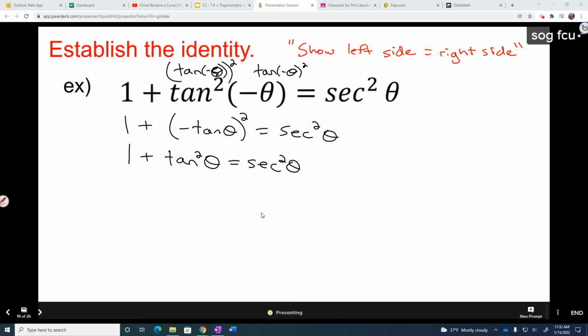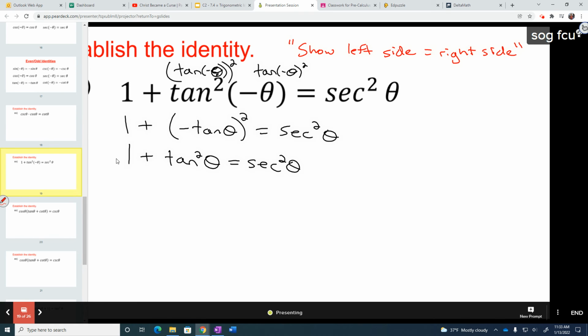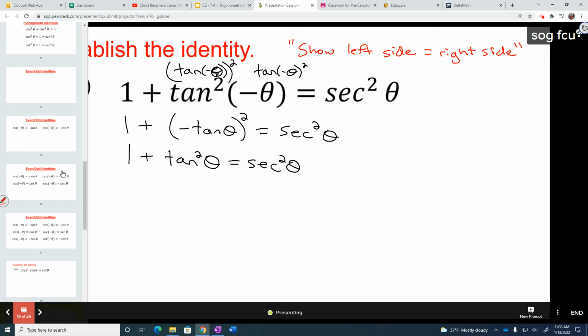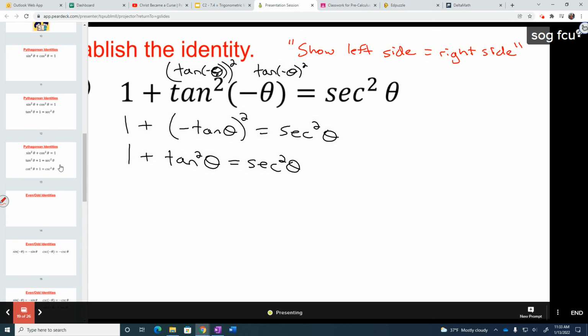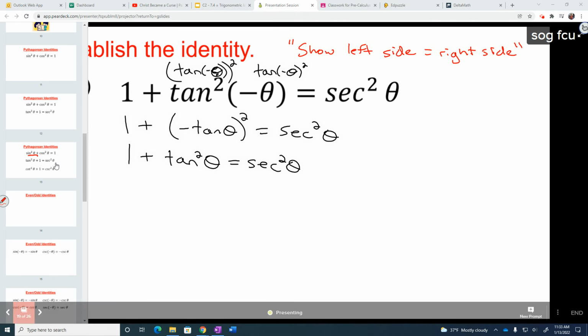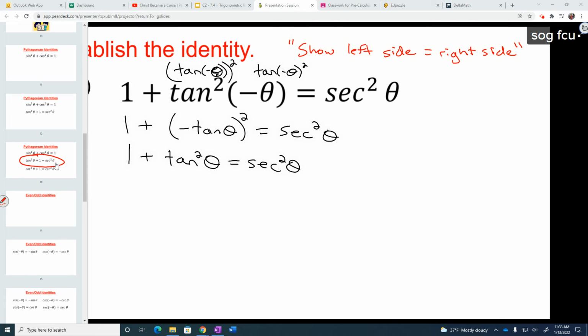And let's look at our Pythagorean identities, because this looks like it could be a Pythagorean identity, right? One plus or minus something squared. Whenever you see something squared with a 1, generally it's going to be a Pythagorean identity that is either written exactly or you might have to rearrange it. This is one you can see that we wrote exactly right there: tan squared theta plus 1. The only difference is these change places.